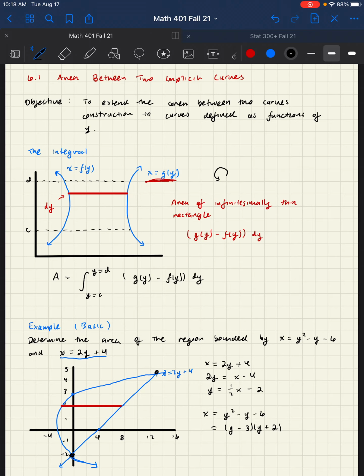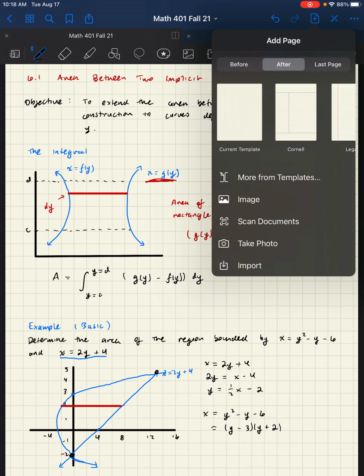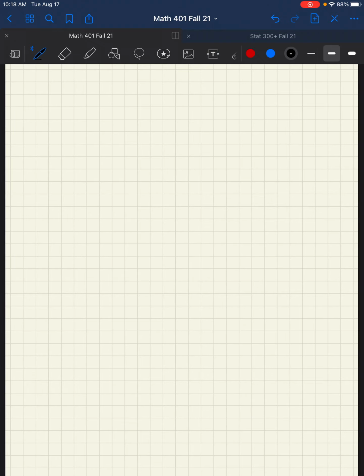So what I'm going to do is I'm going to find the points of intersection. So here we go. Points of intersection. So I'm going to set g of y equal to f of y, which means I have 2y plus 4 equals y squared minus y minus 6.